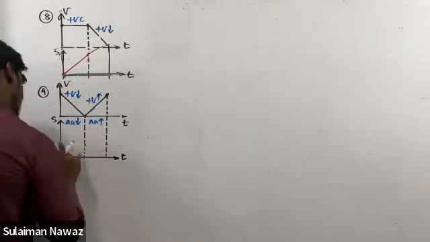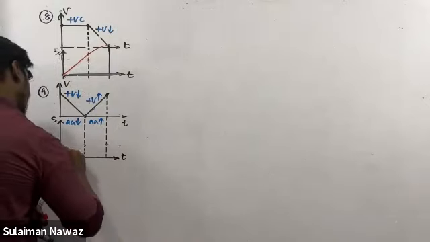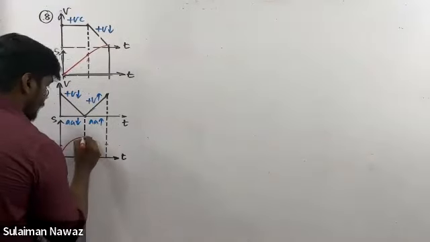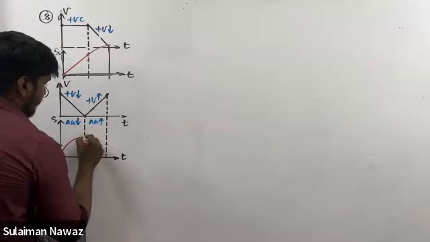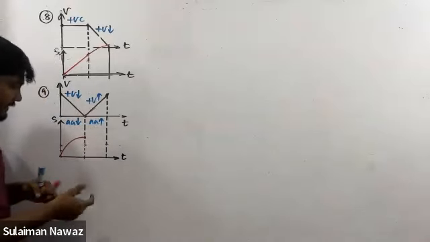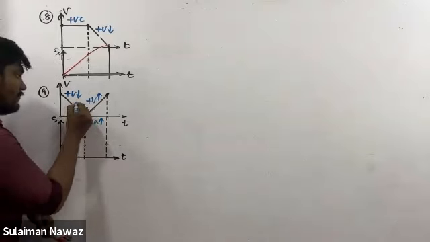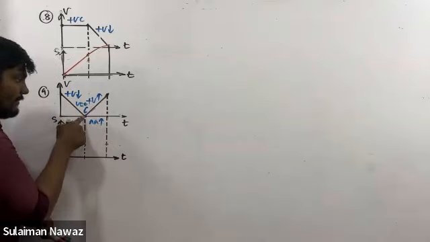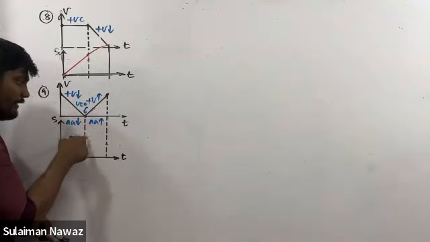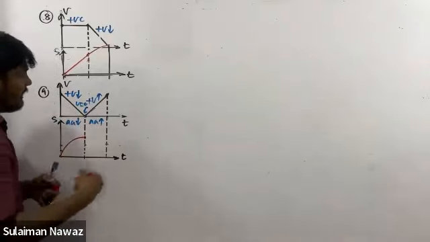Acute angle decreases, acute angle increases. Now look here, exactly here velocity is 0. Look at the y-axis, velocity is 0. Velocity 0 means when you draw a tangent line on the ST graph at that point, it is a horizontal tangent line, then the acute angle increases.